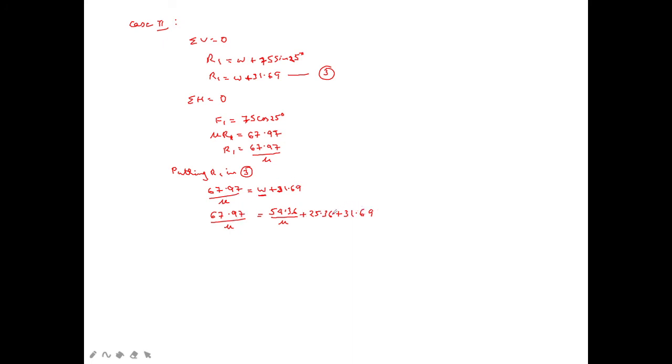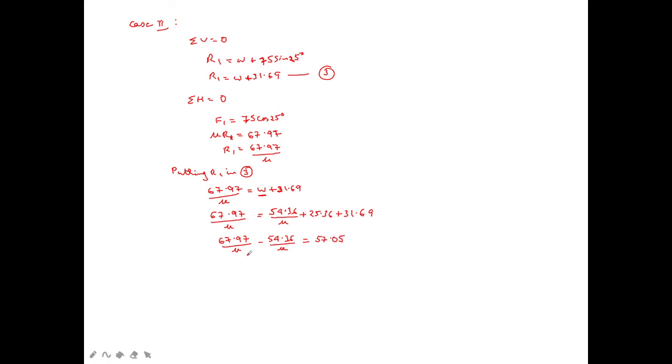Now if you simplify, what you will get is 67.97 upon mu minus 54.36 upon mu, and this is equal to, if you add these two, 57.05.